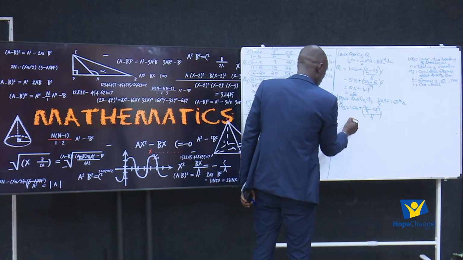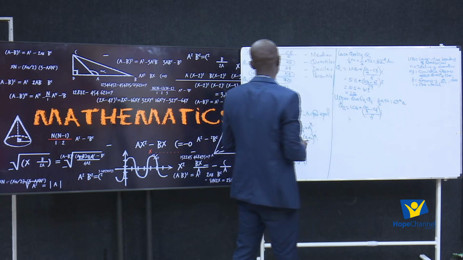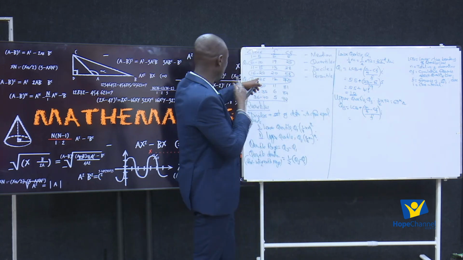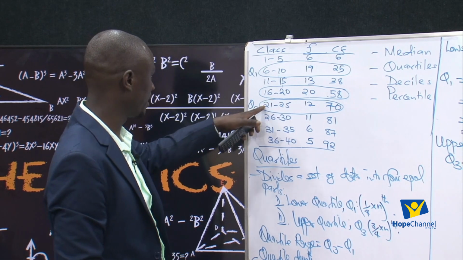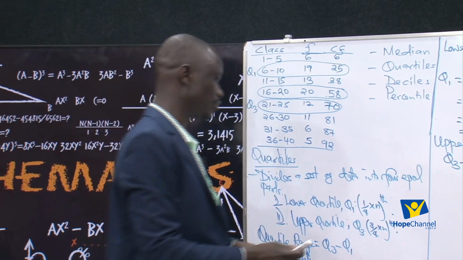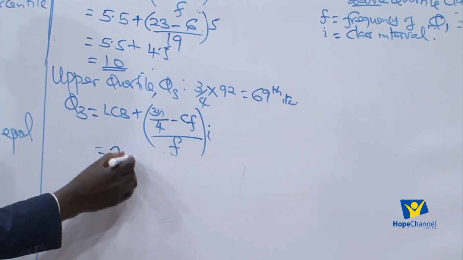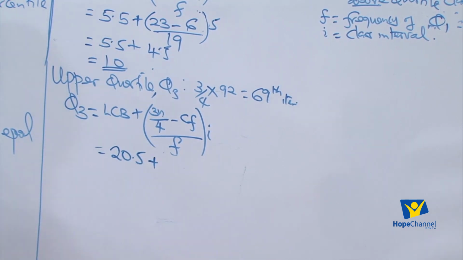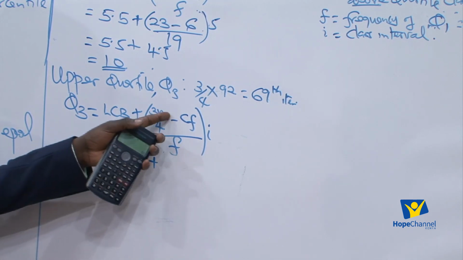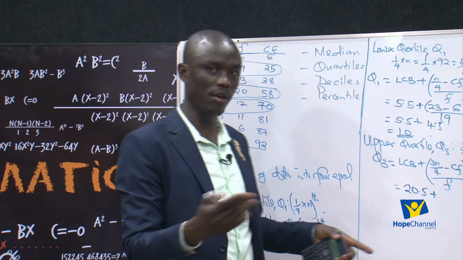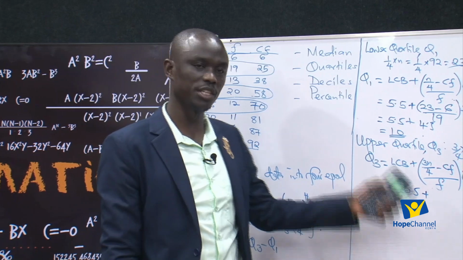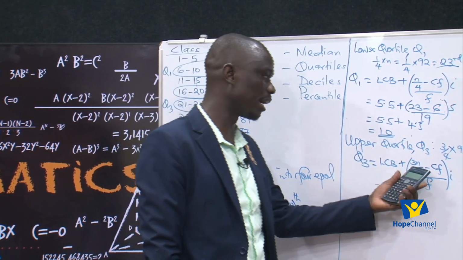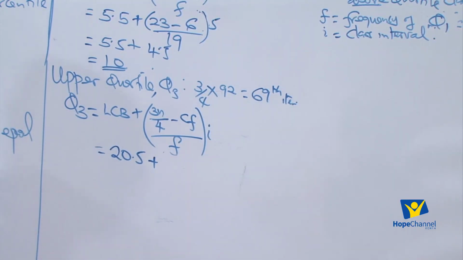So the lower class boundary of this class: this is 20, this is 21, so we are going to have 20.5. To 20.5, we add 3/4 of n. This one you have already gotten, because it is always the first thing that we calculate, which is 69.